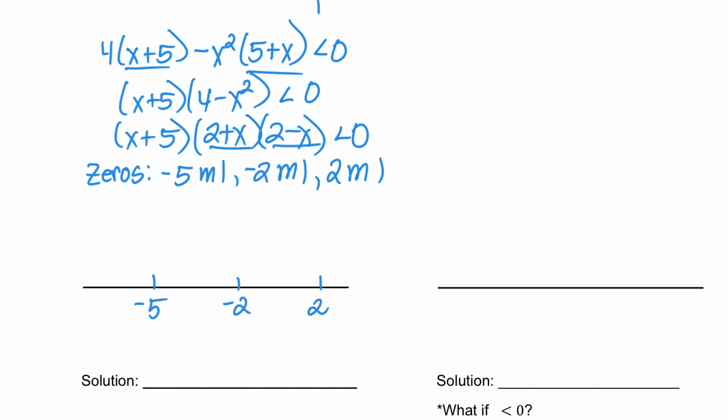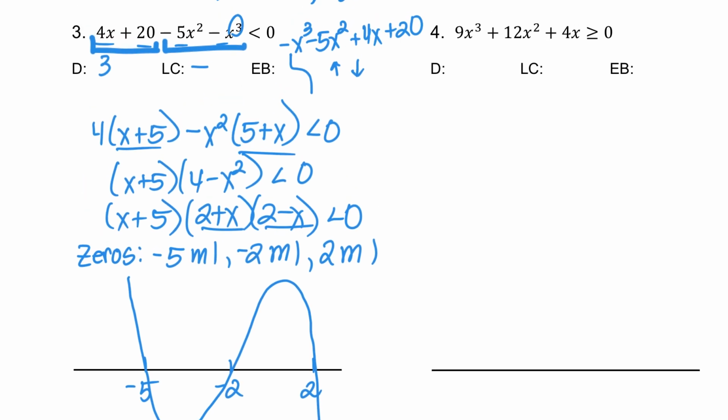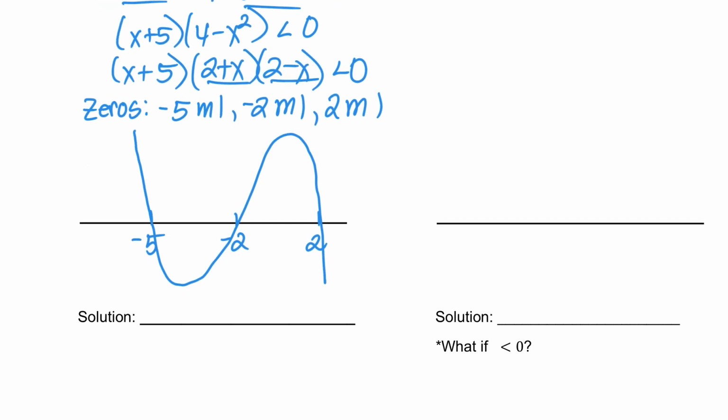So remember, it's up to the left and down to the right. So I'm going to come from up to the left and go down, cross, cross, come back down and cross. Okay, now I want the part of that graph that's below the y equals 0, which is at the x-axis here. So the part I would want is this part right here.